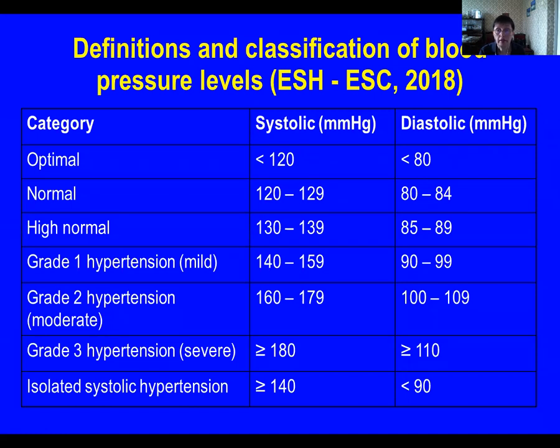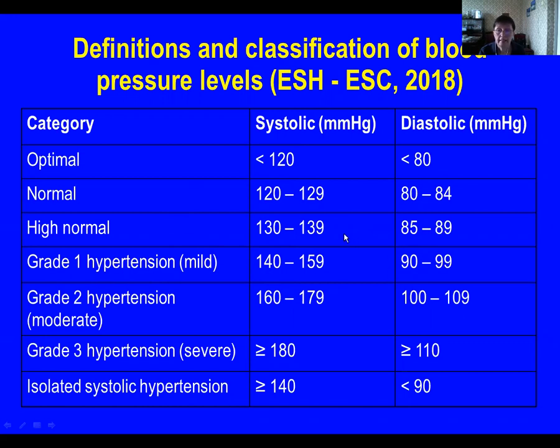We see the contemporary classification of the blood pressure levels according to the guidelines of the European Society of Cardiology and the European Society of Hypertension. And we see that we consider hypertension if the blood pressure is higher than 140 systolic and 90 diastolic.